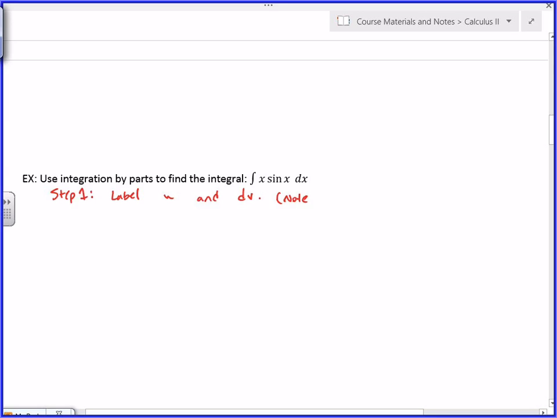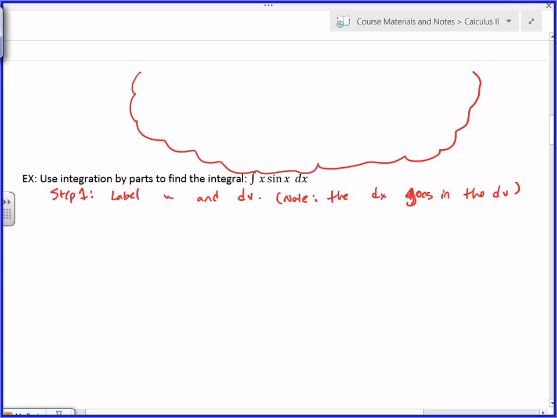Note the dx goes in the dv. So essentially, I have a few choices here. Don't write all of these down. On this first one, we'll just write down the only one that's going to work. But you're going to find as you go through this, there's lots of ways to decide this. What I could do is let u be x and dv be sine of x dx.